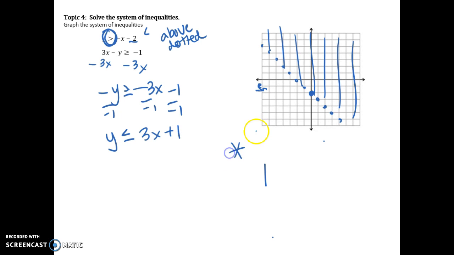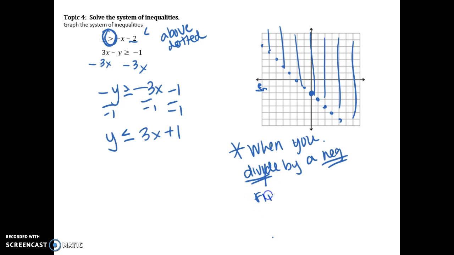Maybe write that down. So this is now a less than problem. We'll worry about that in a minute. So we start at +1, then we're going up 3, 1, 2, 3 over 1.